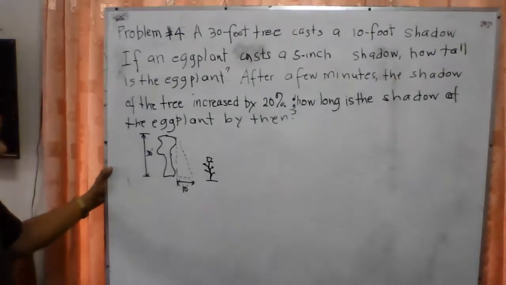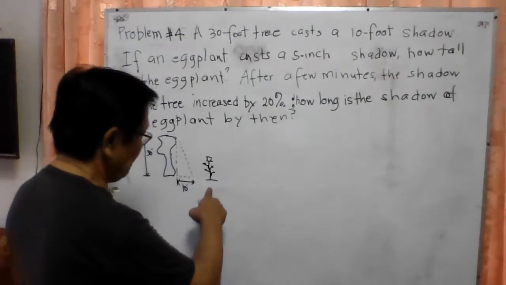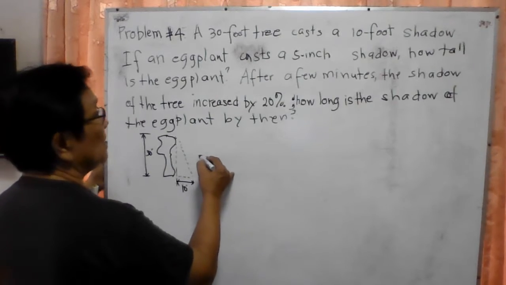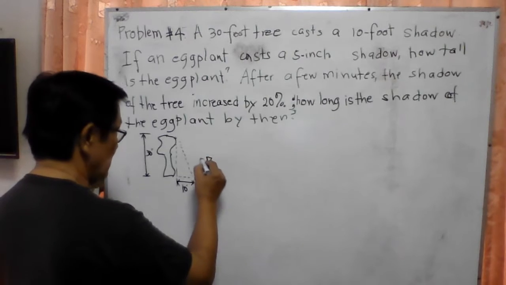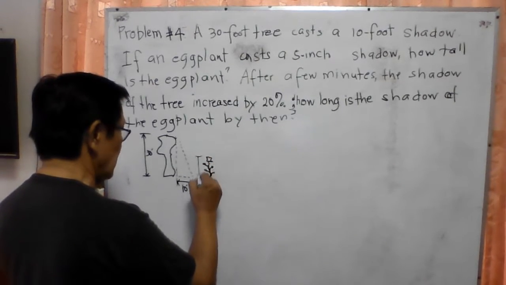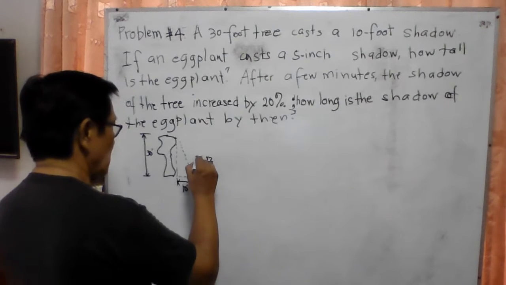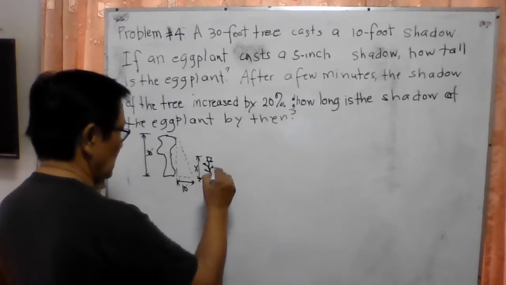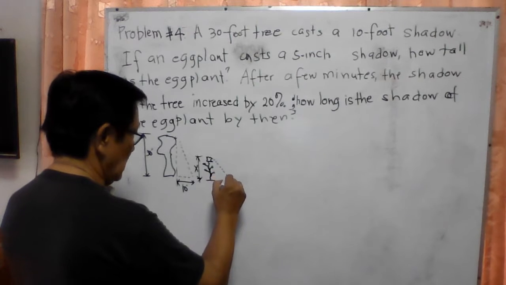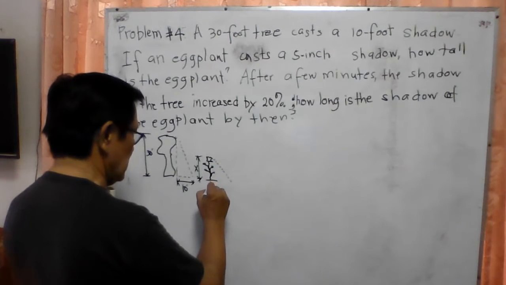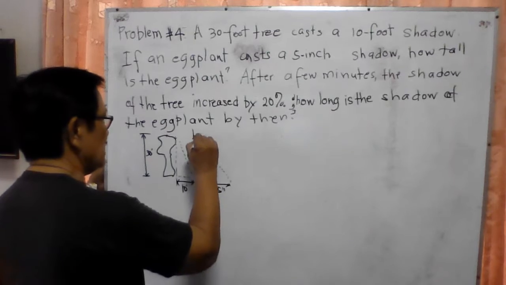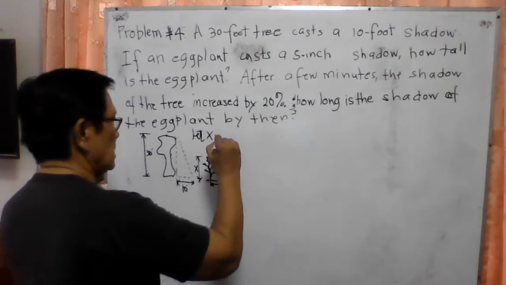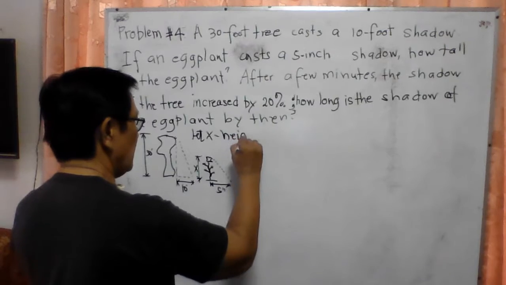Okay? Now this is your eggplant, and the height of the eggplant is unknown. Let's call it X. And the shadow is 5 inches. Okay, let X be the height of the eggplant.